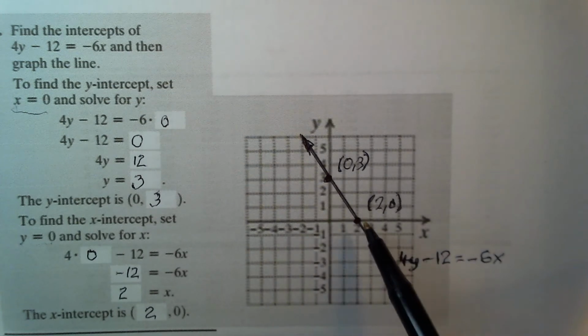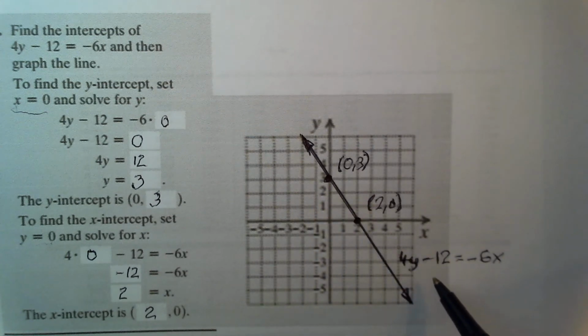Based on the x and y intercepts, we can simply draw a line, and this represents the equation 4y minus 12 equals minus 6x. So using intercepts makes graphing an equation very easy. You can almost do it in your head.